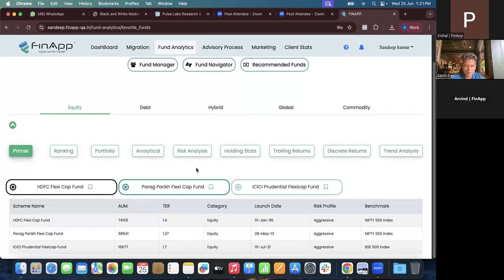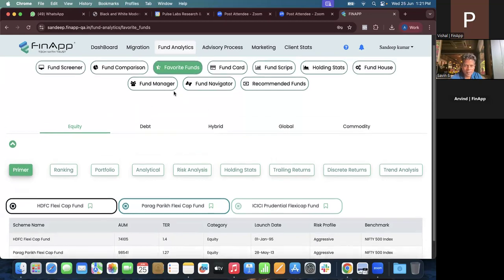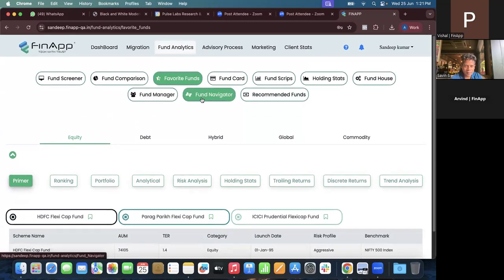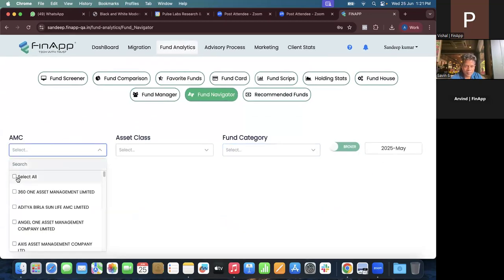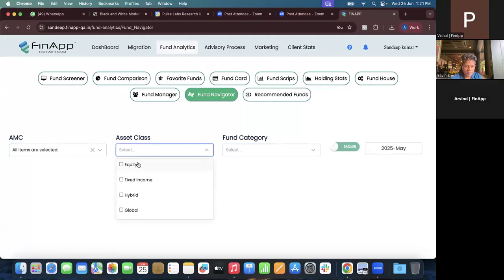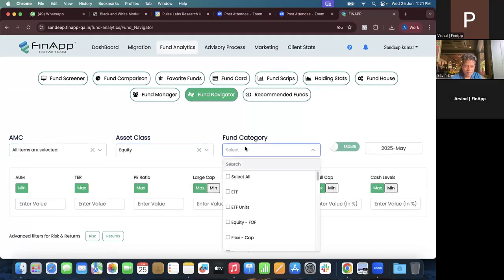Now, let me just put another fund here. I'm just doing an experiment with you. Yesterday, I got a very interesting insight.